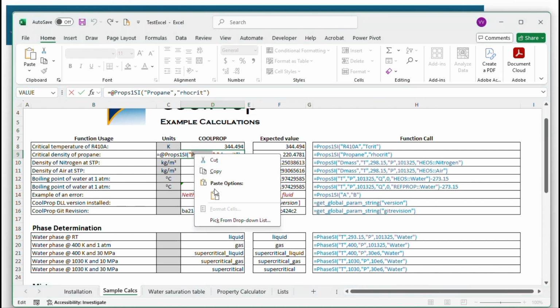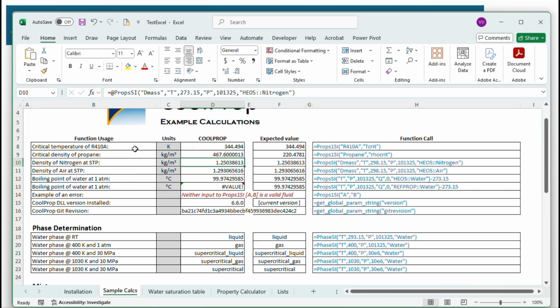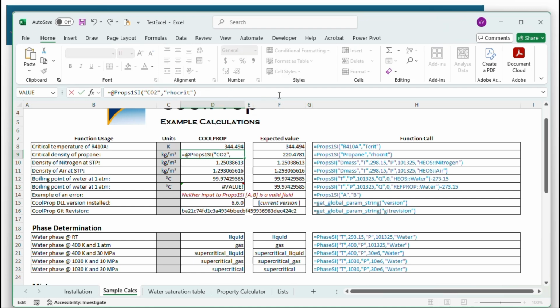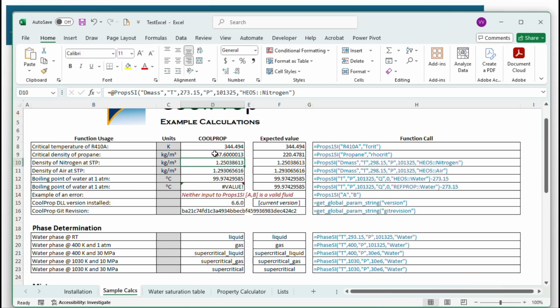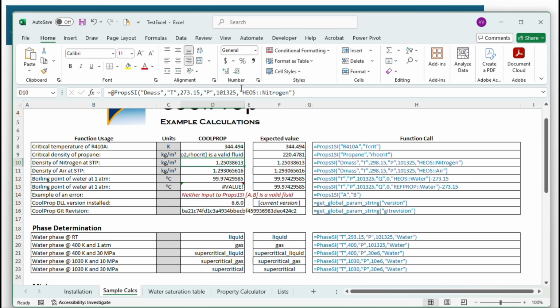So I copied the exact name of carbon dioxide from the list, and I put it in here, and it seems to be giving me the correct value here. And this I could further change into the actual formula and see whether that works. It works, okay? But a small error in the formula, if I change this to a small letter, for example, it creates an error. So it is case sensitive.